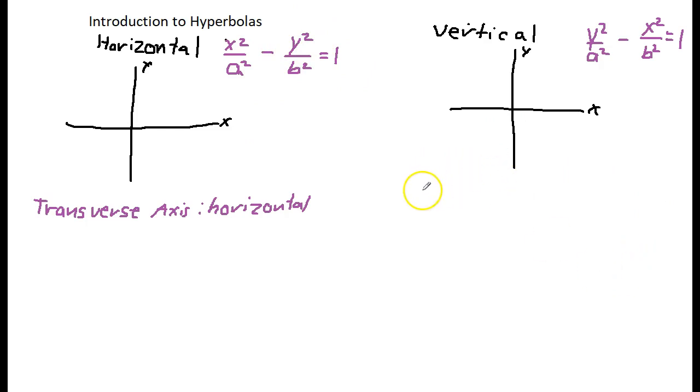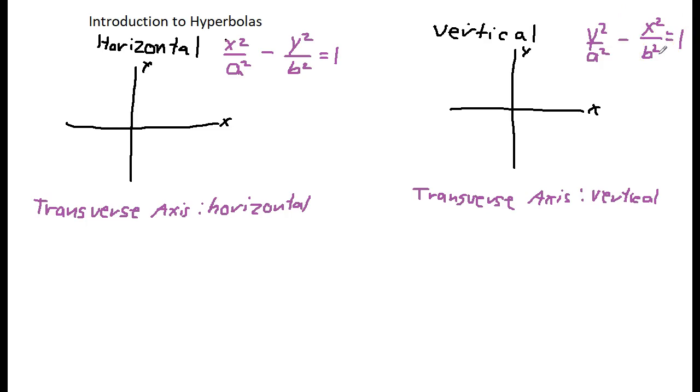Here, in a vertical hyperbola, the transverse axis is vertical. Why? Because the y-coordinate, the vertical coordinate, is the one doing the subtracting, and the x-coordinate, the horizontal coordinate, is being subtracted.